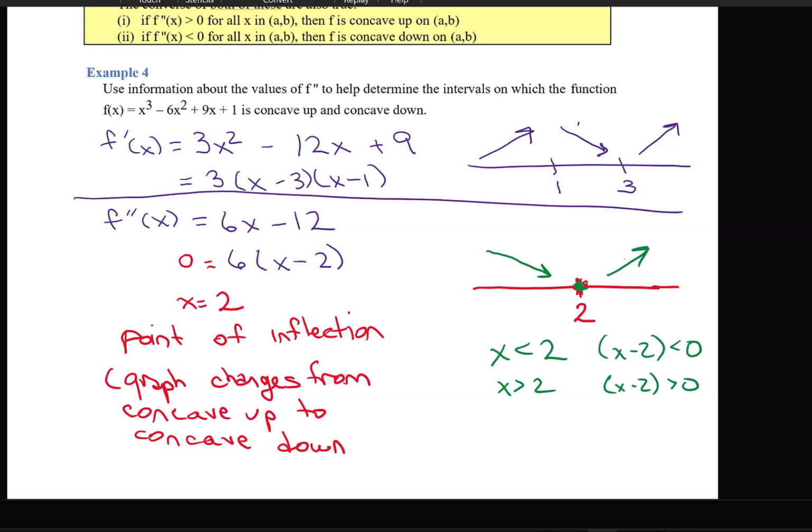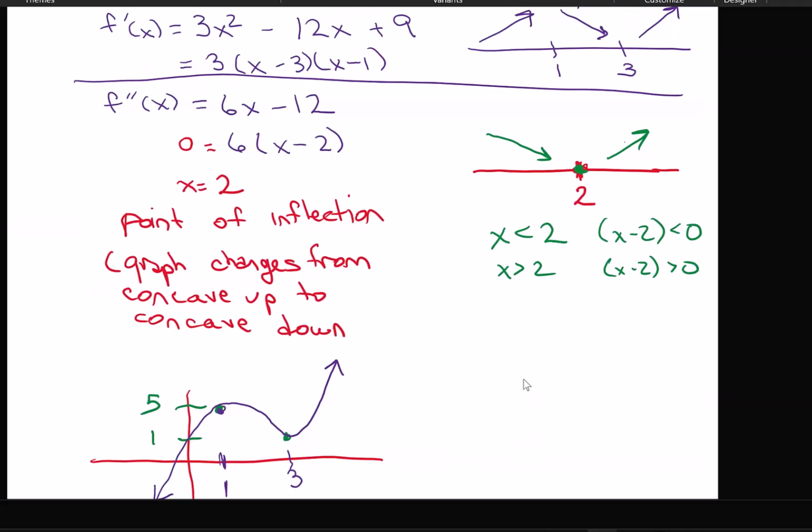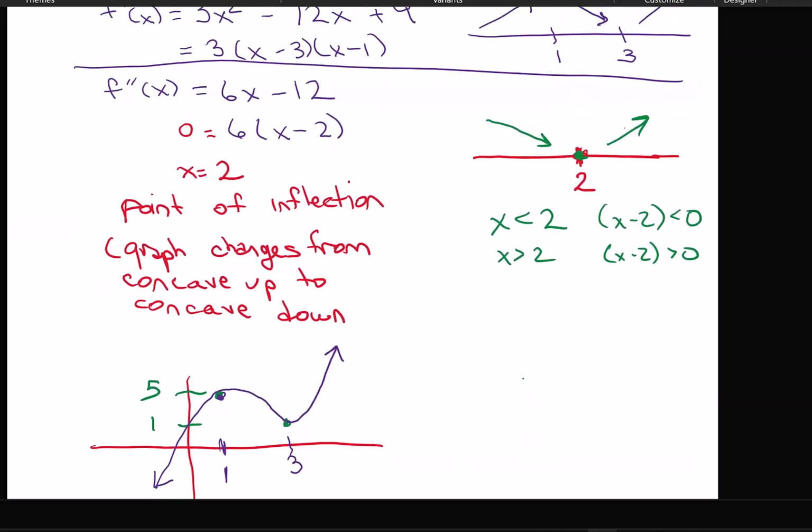Now, if we want to put it together, we can look back at our graph, which we said looked like this. I know that it's increasing from negative infinity to 1, decreasing from 1 to 3, and increasing from 3 to infinity. I know that from my first derivative. At x equals 2, this is changing.